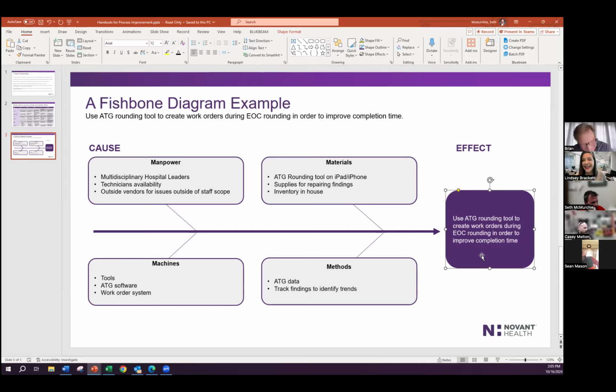So maybe I'm misunderstanding. The time from when the work order is open to when it would be closed would be reduced by using the ATG rounding tool to create the work order. So just by using the ATG rounding tool, we're going to shorten the closeout time, as opposed to writing it down, and yes, it will improve that.